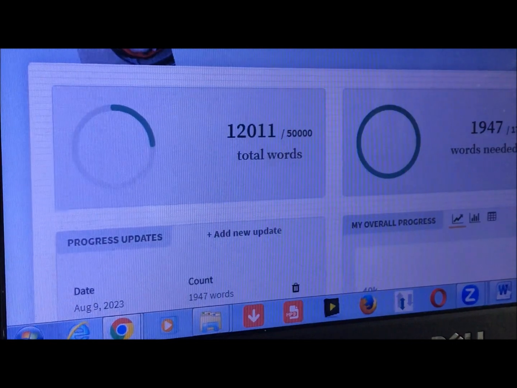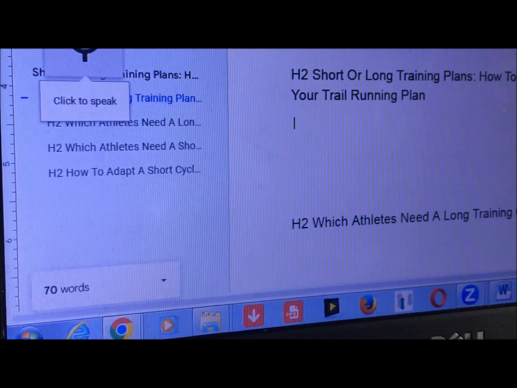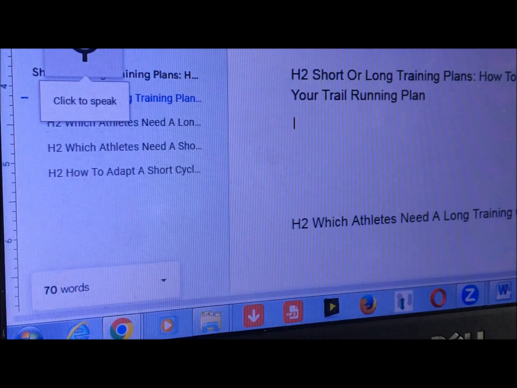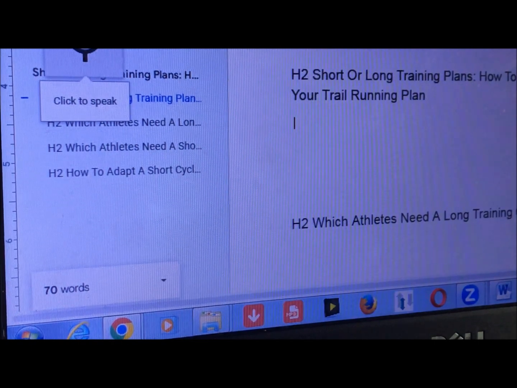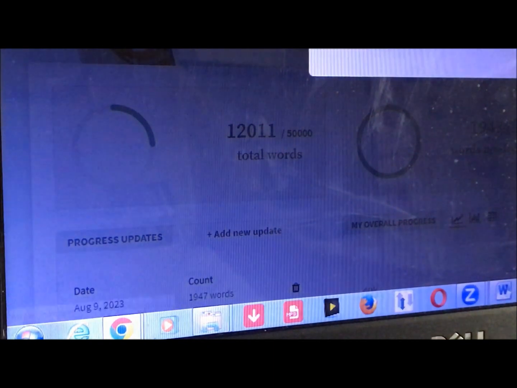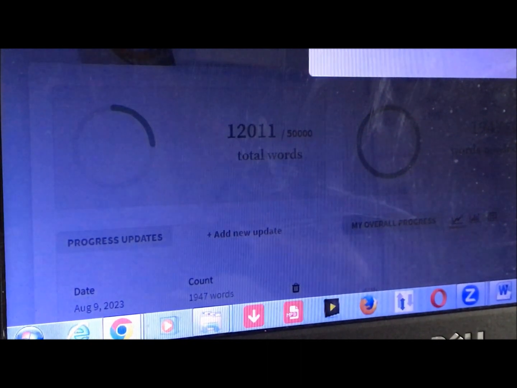This is a much shorter blog post. There are only 4 H2 subheadings, which means the amount of content that's going to go under there will be much less. So let me set a countdown timer of just 10 minutes.